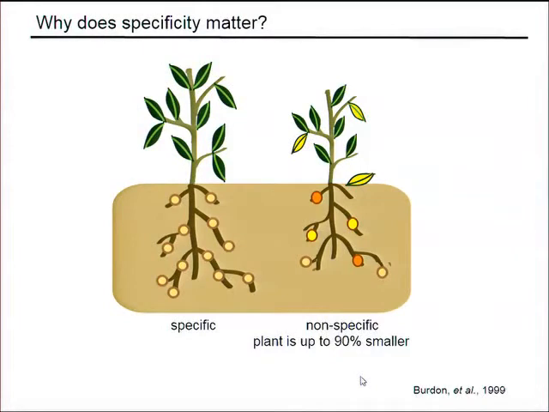And this is just one example, this paper that was done in acacia trees. So getting the right microbes and knowing what you're supposed to have and what the specificity of your microbes are is really important.